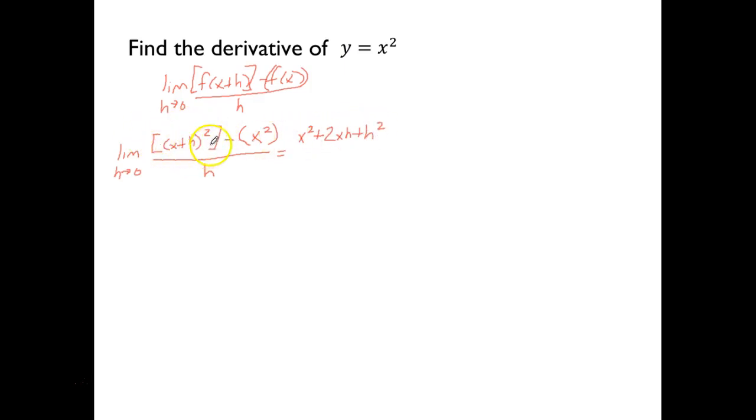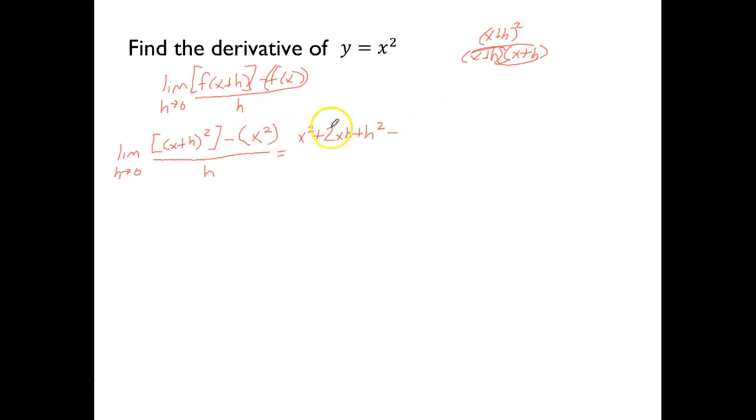If you don't know what I'm talking about, go back to the last PowerPoint that I did. But remember, all it is is that I'm FOILing that out. x plus h squared just means x plus h times x plus h. And when you multiply all your stuff, you FOIL it, you get this.